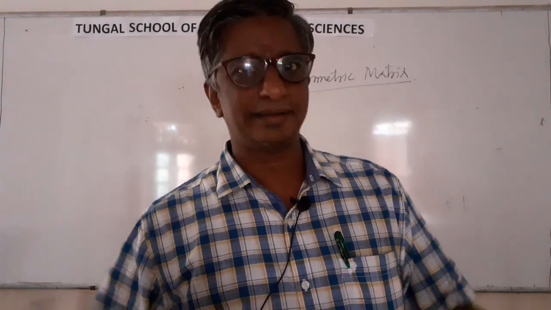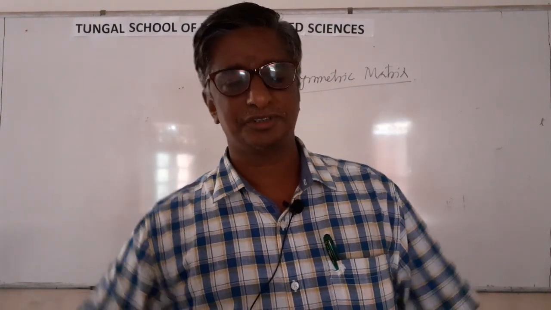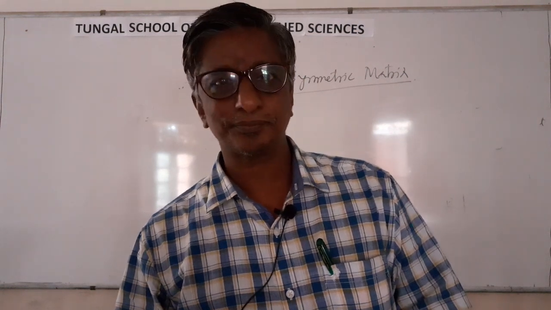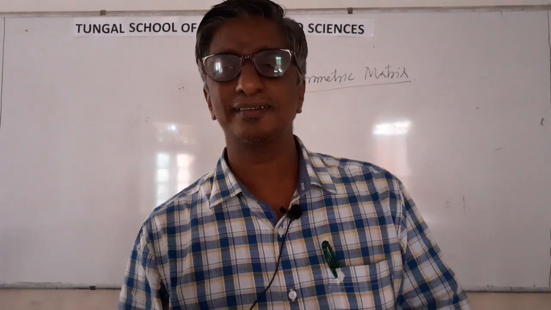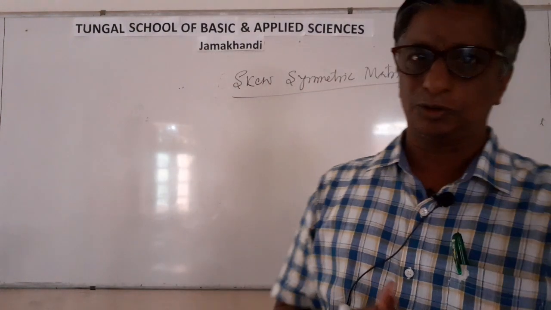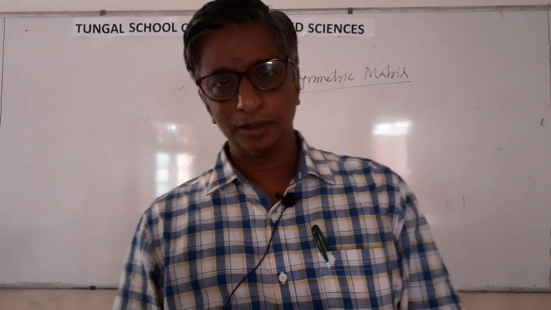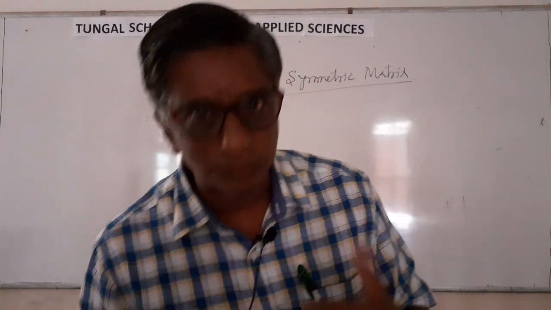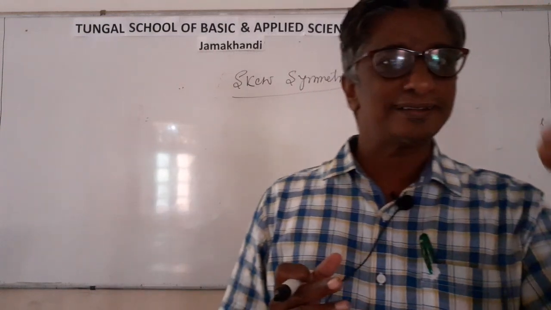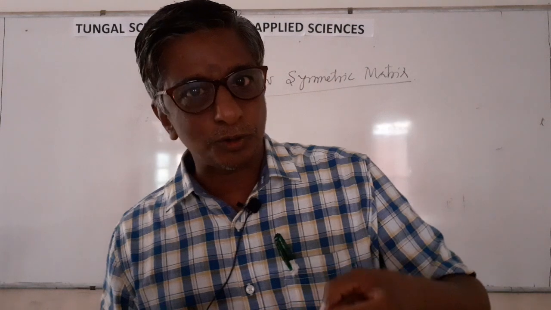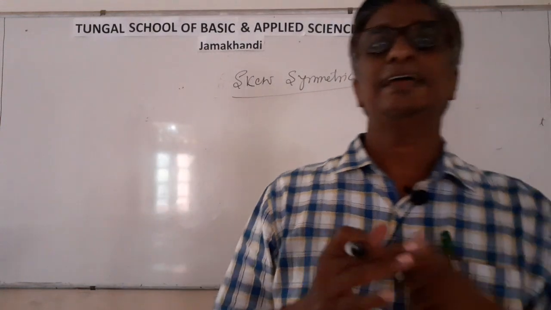It is a square matrix, but only small changes: in symmetric A dash is equal to A, but in skew symmetric A dash is equal to minus A, or A equal to minus A dash.